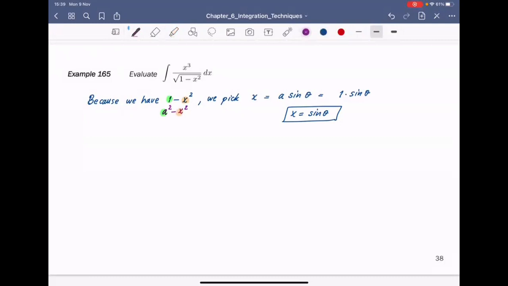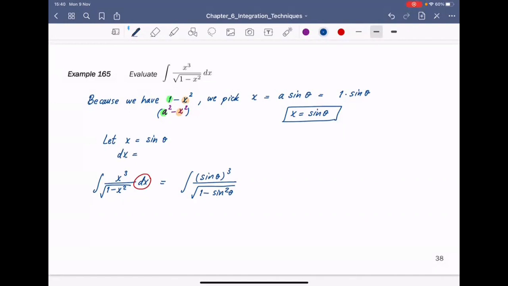All right, once you pick x equal to sine theta, we integrate x cubed over the square root of 1 minus x squared dx. Your idea is you're gonna convert everything into theta. x is sine theta. dx must be something in terms of theta, so we differentiate x with respect to theta.